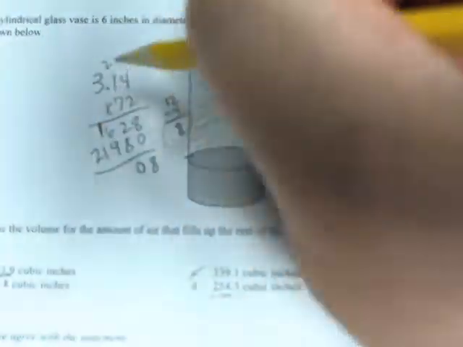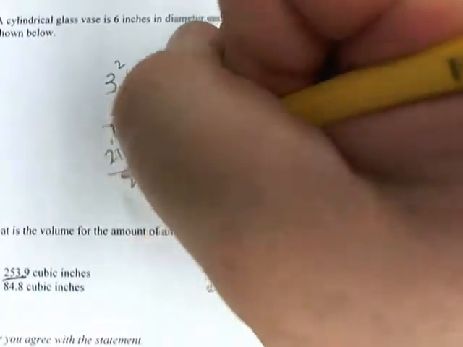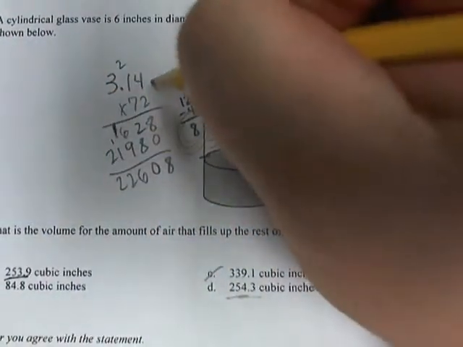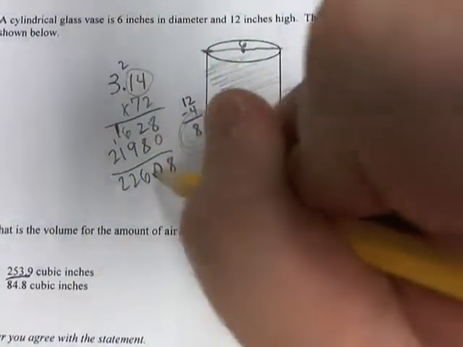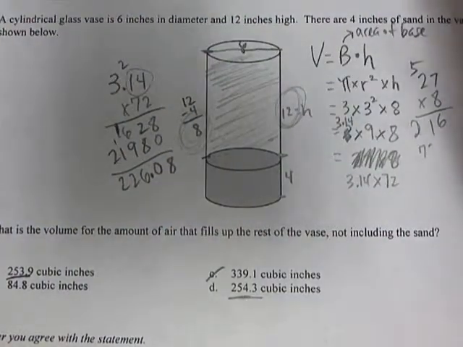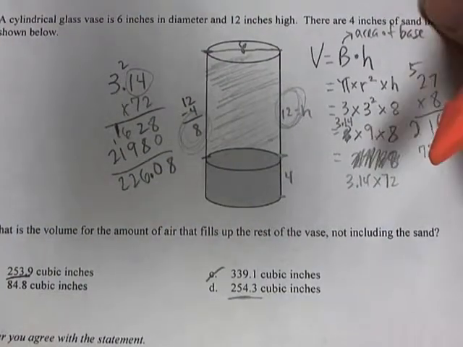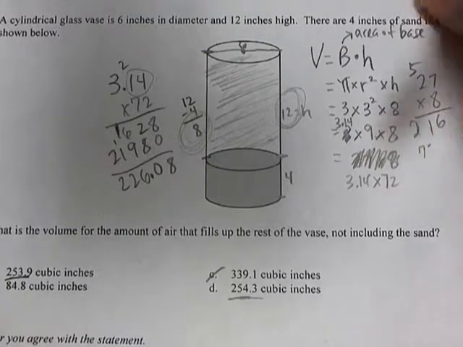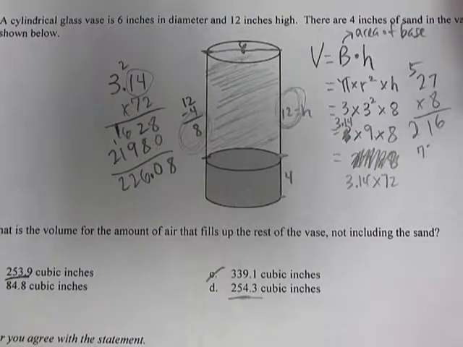Okay, so I carried the 1. 1 plus 6 is 7. 7 plus 9 is 16. Two numbers to the right of the decimal, so I need to move my decimal 2 places. And I get 226.08.